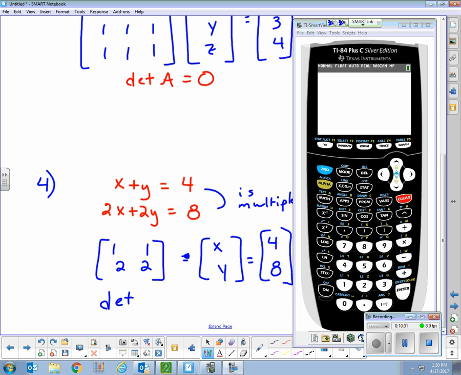But in this case, it's not no solution, it's infinitely many solutions. So if one of your rows is a multiple of the other, then it's infinitely many solutions, not no solution.